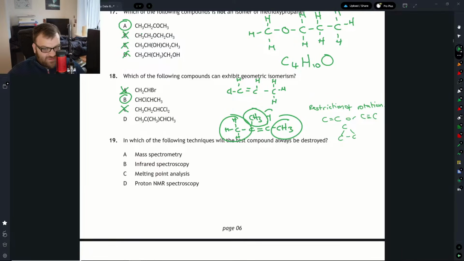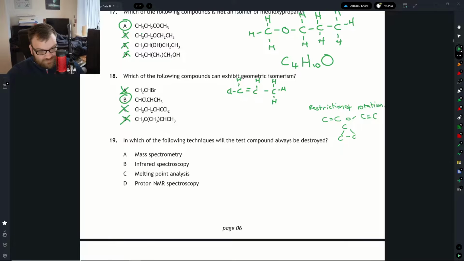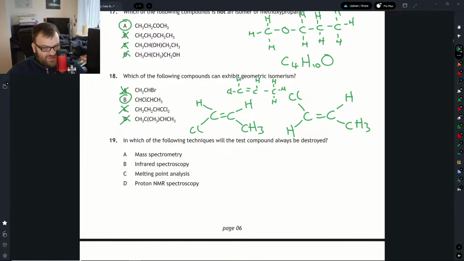So there's 3 methyls with just 1 hydrogen. There's no different ways of arranging those, which is going to rule out that as our answer, because you can only really get one version of it. That would put B as our answer. And this would allow you to get 2 different versions, which, because of the lack of rotation around the double bond, you cannot spin them around to look the same. That's going to be your 2 different isomers of each other.